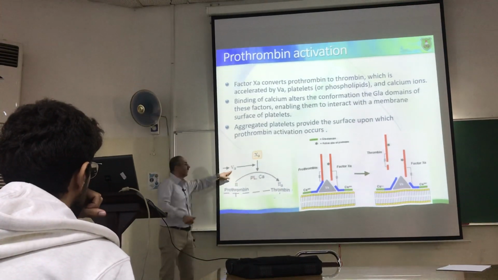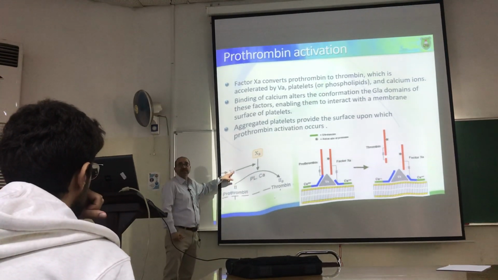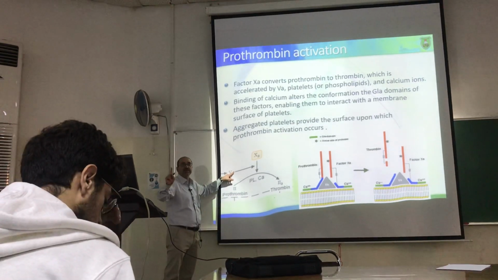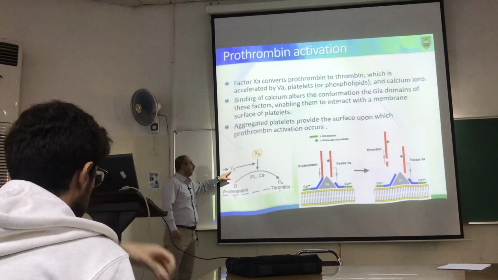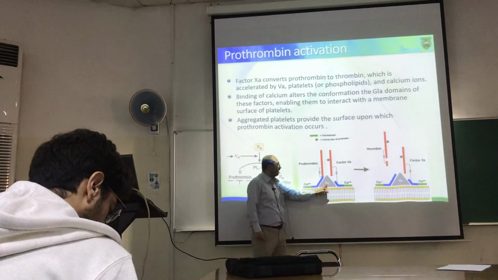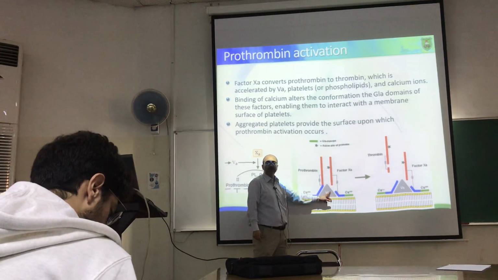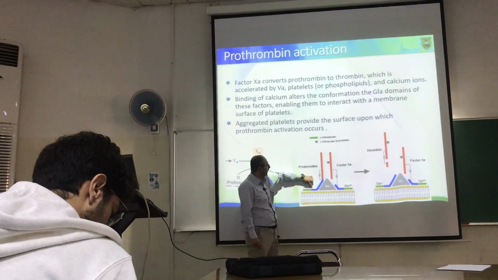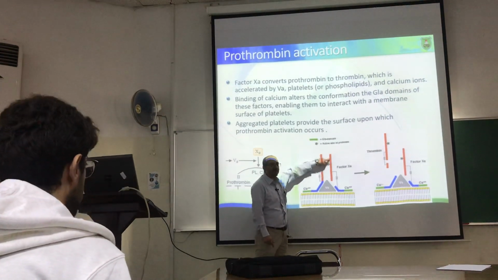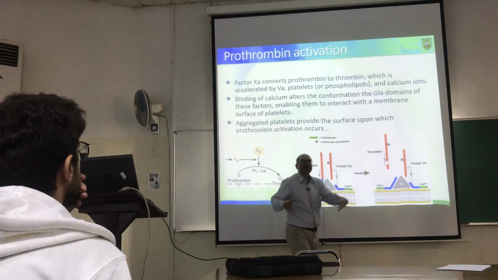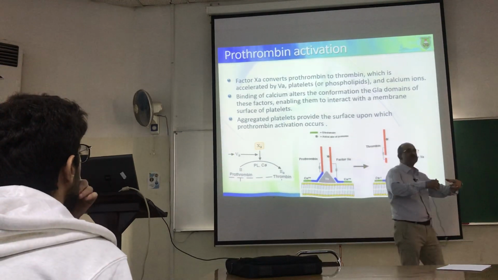That's one. And we need factor 5 as well. That's a cofactor, it is not an enzyme. So that's how it looks. You have factor 5 associating with the surface of platelets. It associates with prothrombin as well as factor 10, getting them close to each other.